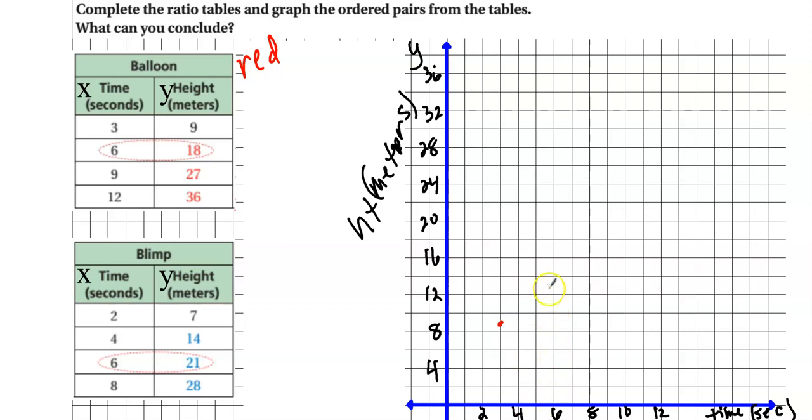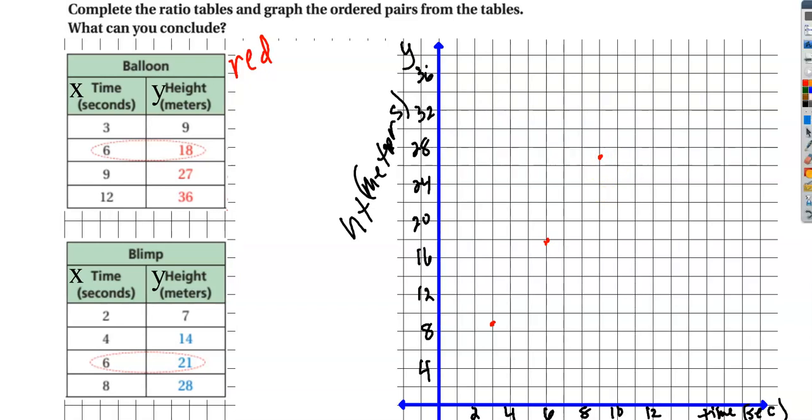And then I have 6, 18, 9, 27. There. And really 3 points is enough to make a line, so I can go ahead and make my line going through there, and there's my balloon. Okay, and now I'm going to do the blimp in blue.